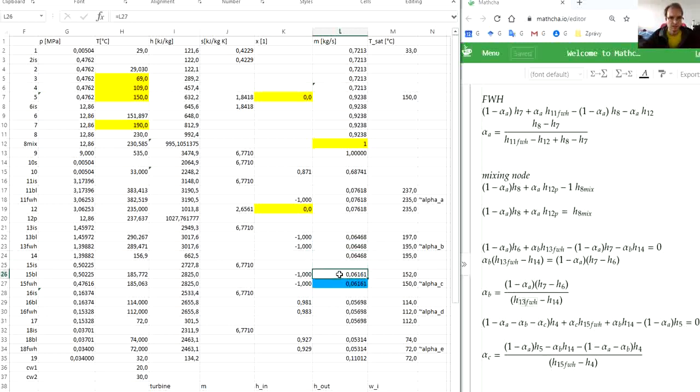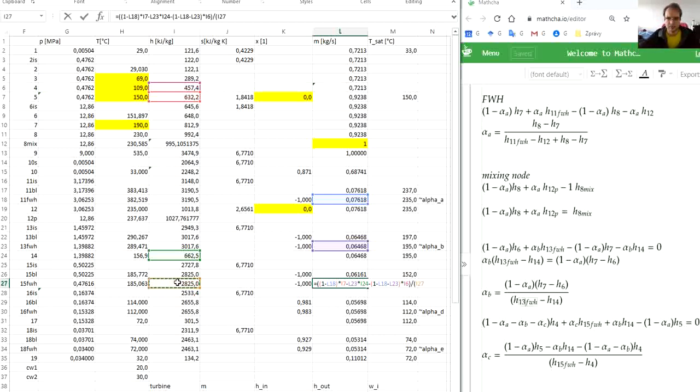And now our alpha C, so we are having 1 minus alpha A times enthalpy H5 minus alpha B times H14 minus 1 minus alpha A minus alpha B multiplied by H4, and this all is divided by H15 feedwater heater minus H4.